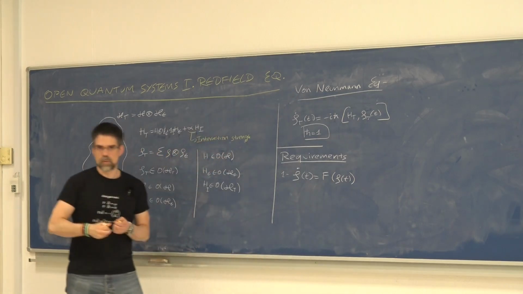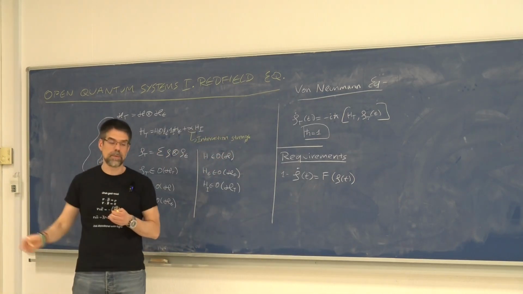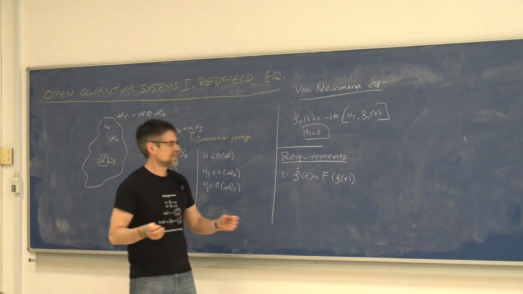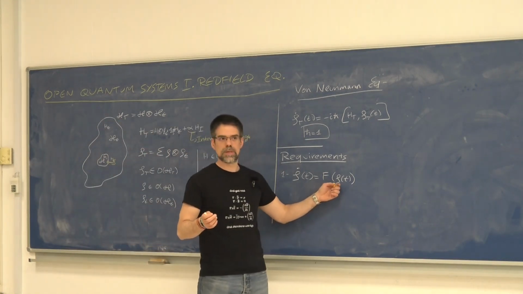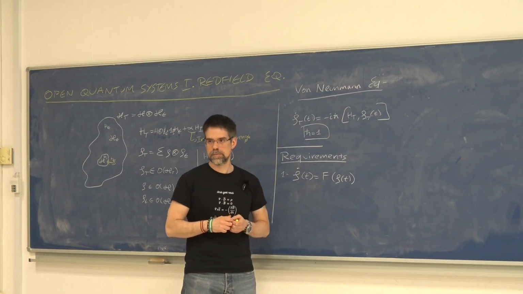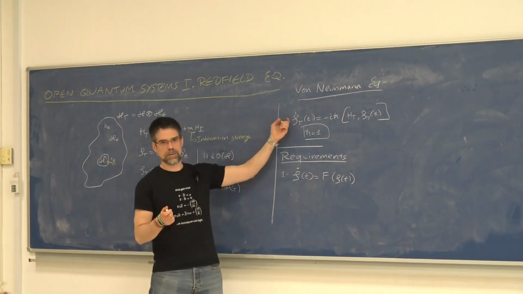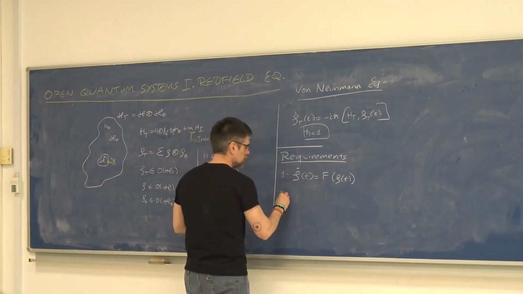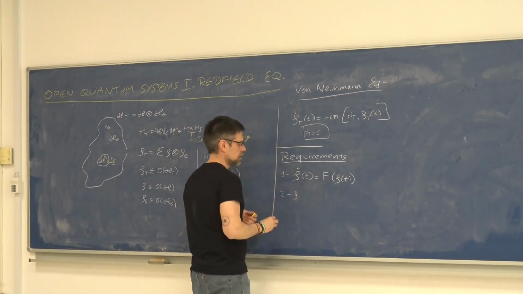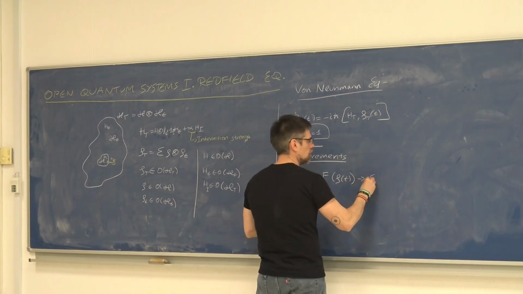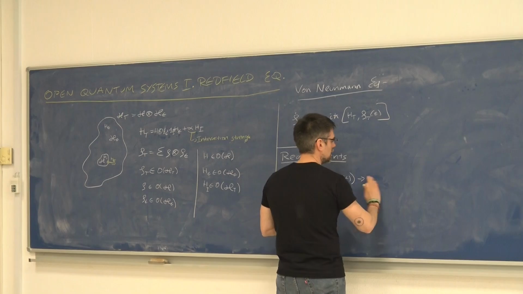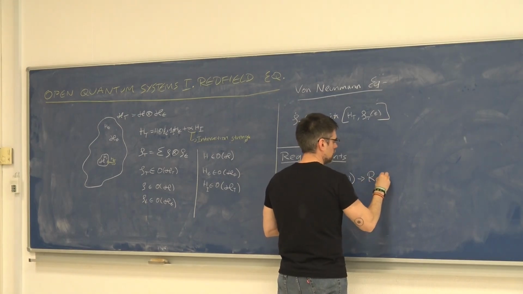Of course, it will depend on the environment degrees of freedom, because the environment is there, but the state of the environment should not appear explicitly here. Otherwise, we will go back to the von Neumann equation. Second, let's write this as a reduced equation of motion.